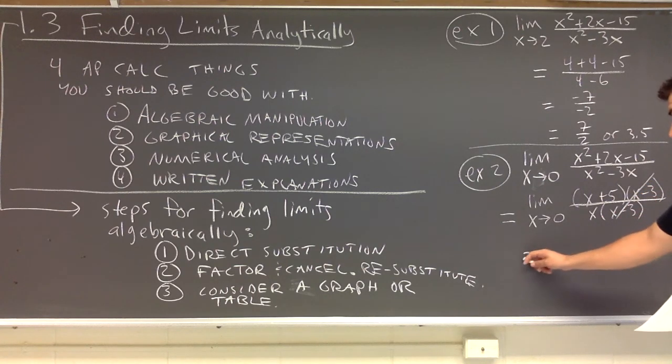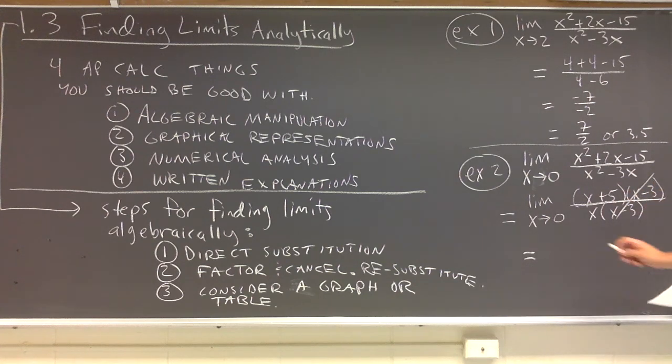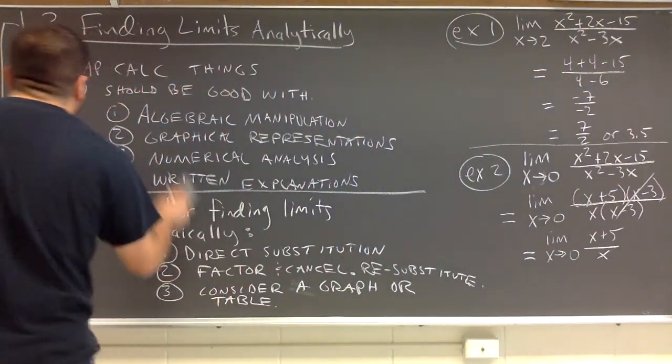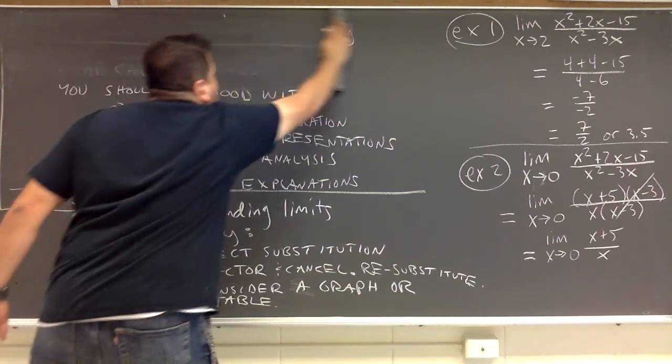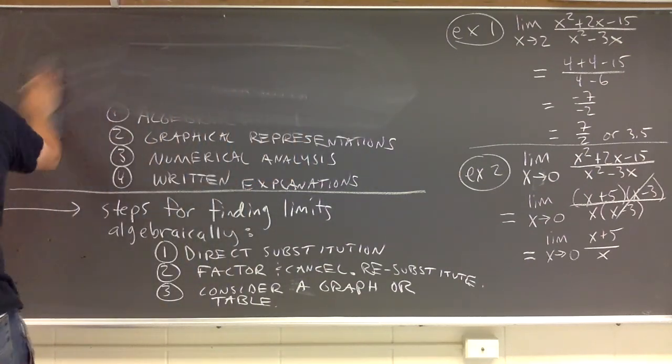So we've factored, we've canceled, and what we've turned this original problem into is the limit as x approaches 0 of x plus 5 over x. Okay, so can I plug 0 in now? Here we get 5, and down in the denominator we get 0. Still doesn't work, because you can't divide by 0. So the next option is to perhaps consider a graph. So let's take a look at what the graph looks like.